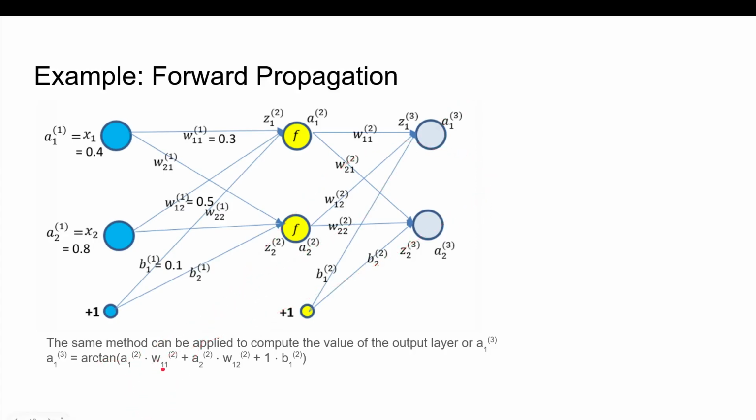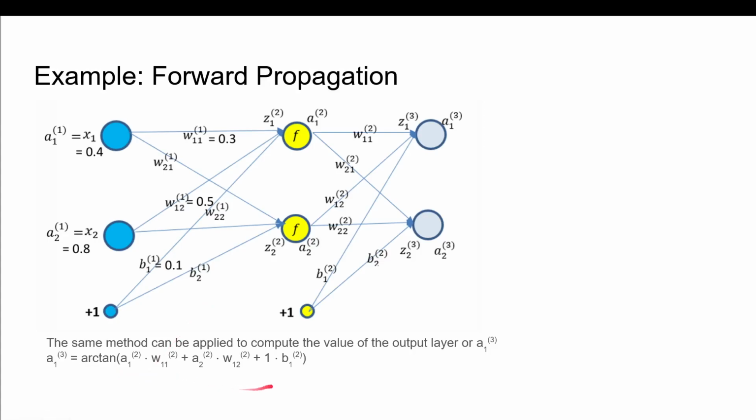A12 times W112, plus A2 of layer 2 times W12 for layer 2, and added by this bias over here. In this case, all of the weights are trainable. You want to adjust them during the training process so you can get the desired output, or minimize the loss function.